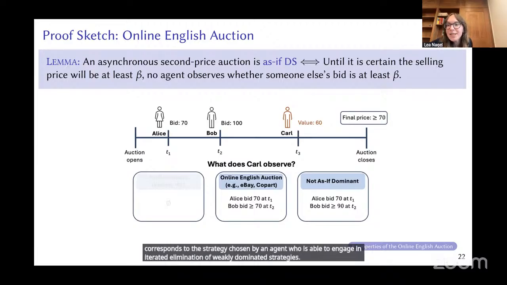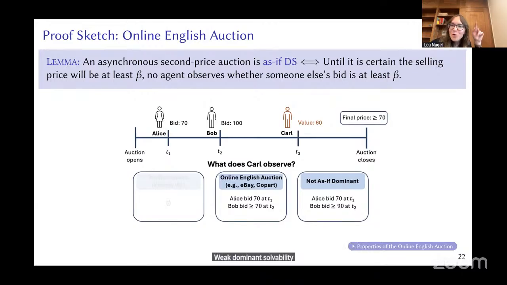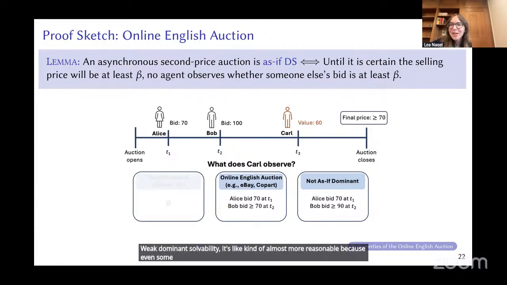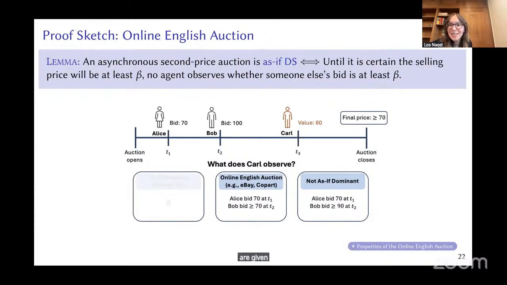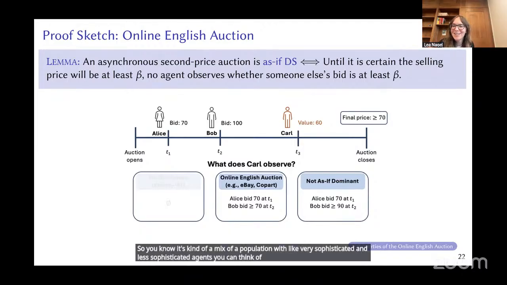So perhaps in these mechanisms, weak dominant solvability is almost more reasonable, because even some people who are not able to do it are given a reason to choose exactly those strategies that is much simpler than weak dominant solvability itself. So it's a mix of a population with very sophisticated and less sophisticated agents. You can think of these mechanisms as giving both of them the same set of strategies to choose. Yeah.